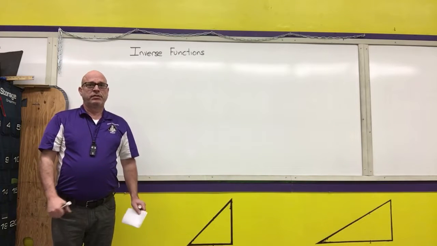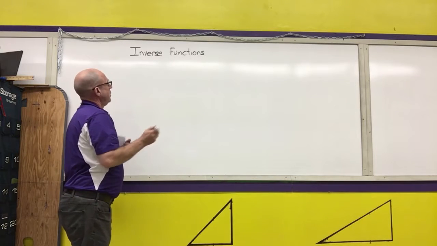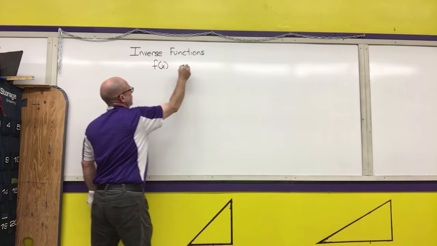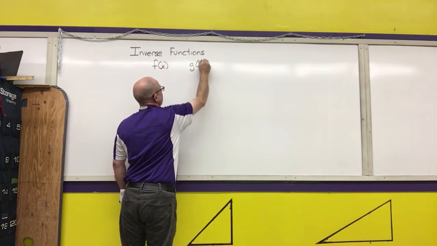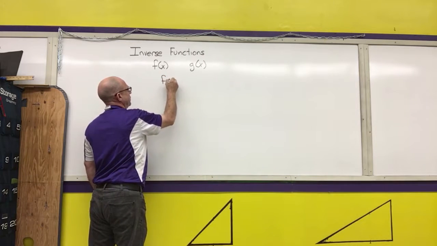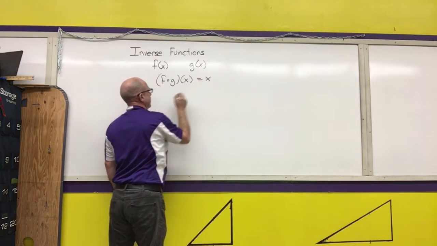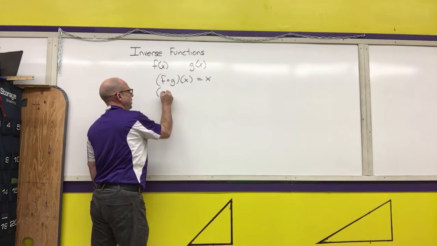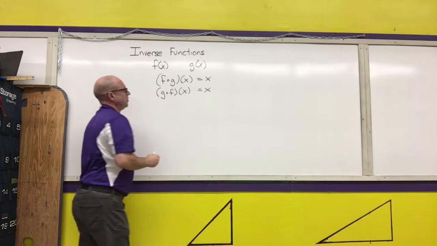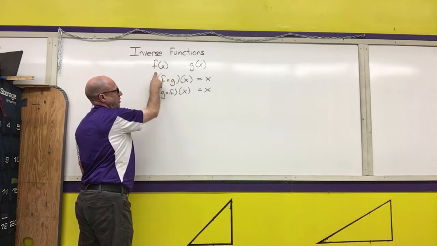Our last section before test 1 is talking about inverse functions. If I have two functions, f of x and g of x, and I perform the composition f of g of x, and that is equal to x, and I perform the composition g of f of x and get x, I can then say that g is the inverse function of f.